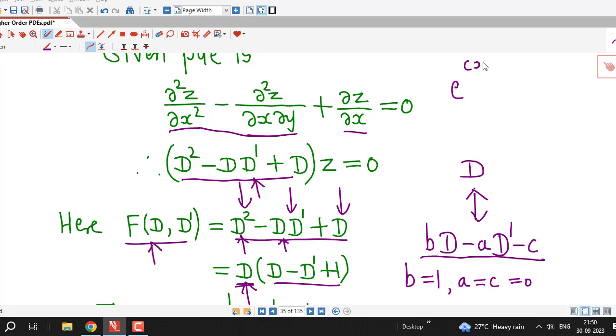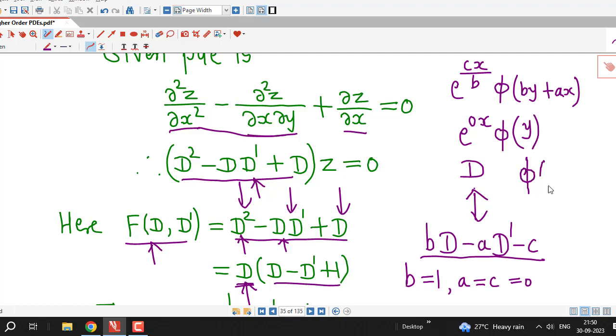And what was the formula? We have e raised to cx divided by b, arbitrary function of by plus ax. C is 0, that is we have e raised to 0x divided by 1, which is e raised to 0x. Arbitrary function of, b is 1, that is y, a is 0. That means we have an arbitrary function of y only, that we will denote by phi 1.